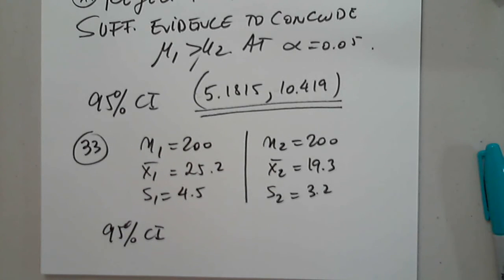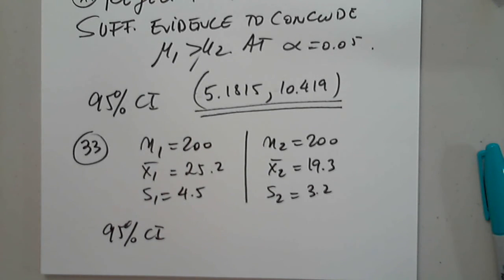So let's look at first of all, the 95% confidence interval. Same thing. We're going to use the same. Let's see if it allows me to. No, it does not go back there. Okay. 2 sample t interval. And now we have x bar 1 25.2. Then S1 4.5. And then 200.